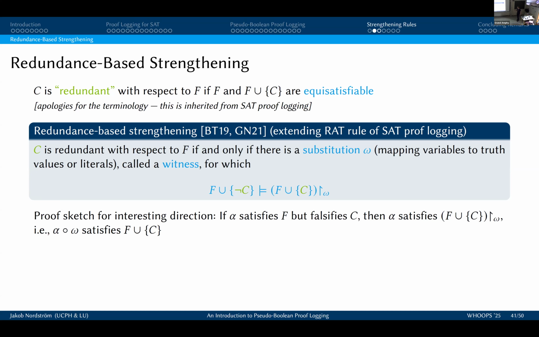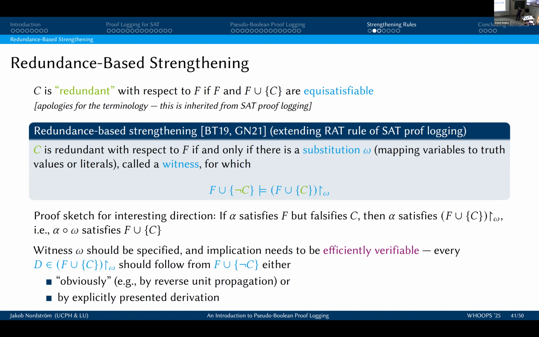So the operational semantics of this rule is that the witness omega says, if I have an assignment that worked before but violates this new constraint, omega tells me how to patch it to get a new satisfying assignment. It's important that when I do this in a proof log, everything has to be explicit.